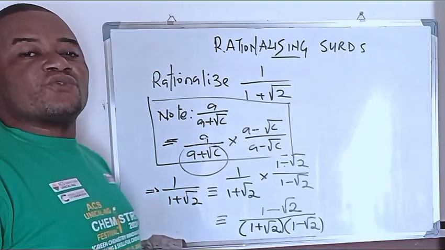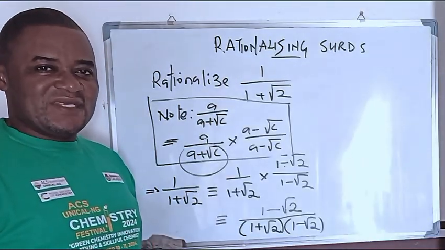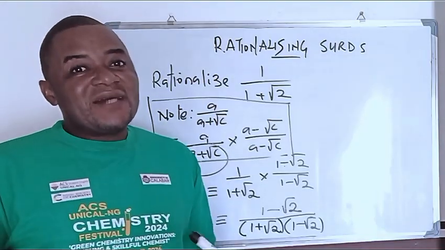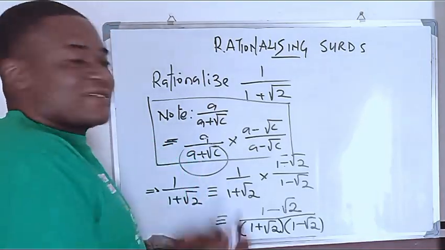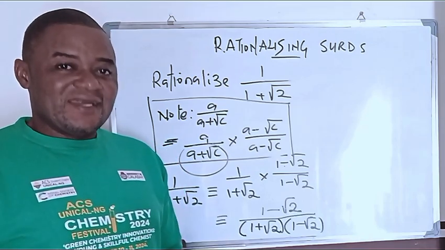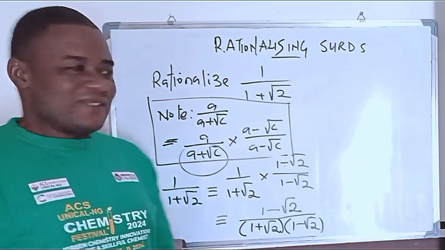That means we are going to do an expansion. If you have not done factorization to understand how we expand certain problems, you have to learn here how we expand them.